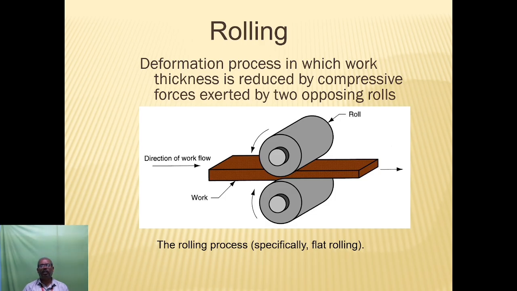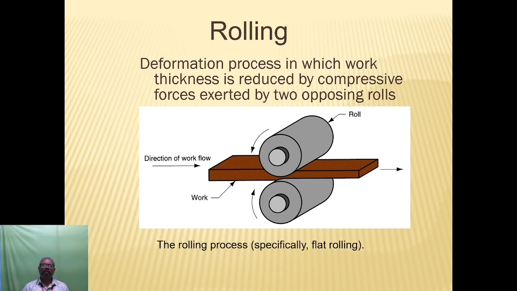First we will see the rolling process. Rolling is a deformation process in which the work thickness is reduced by compressive forces exerted by two opposing rolls. So there will be two opposing rolls. The compressive force is exerted by those rolls.